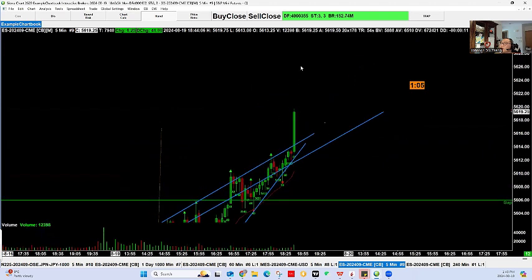Or it could go up for a measured move. This is definitely an always in long bar, but it's late in the trend. Could be a trap.